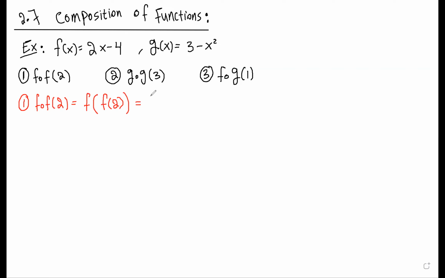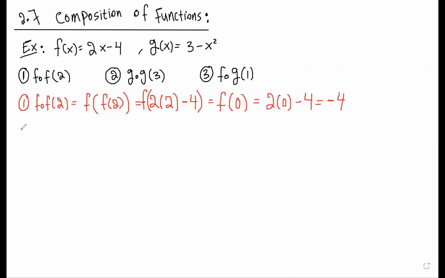What do you get? 2 times 2 minus 4, that's 0. And then 0 is plugged into where x is, so it becomes 2 times 0 minus 4, which gives you minus 4. This is right.